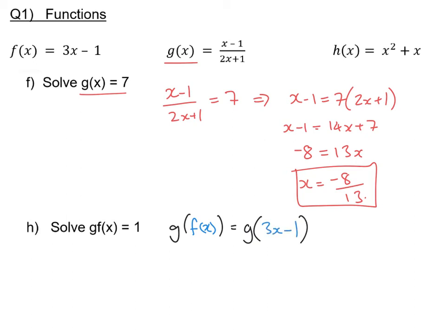And now we're going to put 3x minus 1 into the function g. So we're going to write down the function g with brackets instead of x's and fill those brackets with the blue coloured algebra, 3x minus 1.